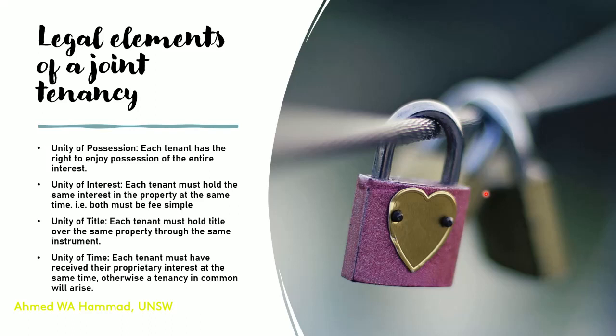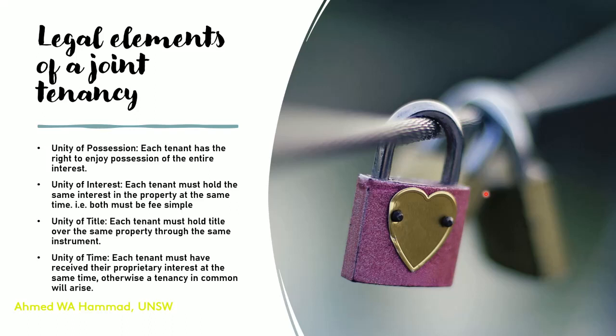So both tenants, both owners, have to have the same type of interest. You can't have one tenant with a fee simple interest and another with a life estate. They both have to be of the same interest type.